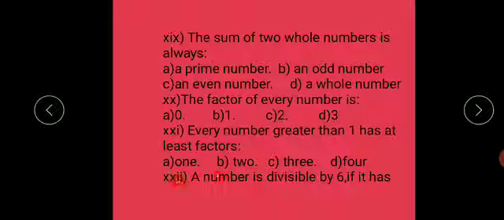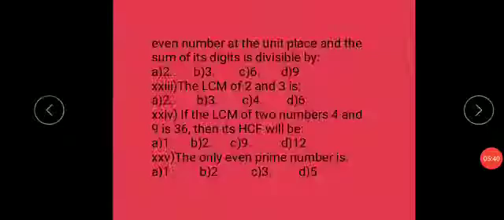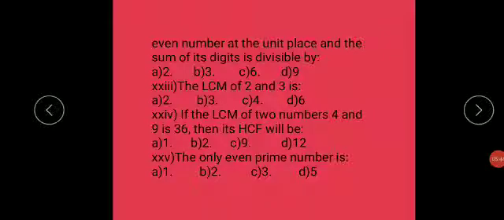22nd part: a number is divisible by 6 if it has an even number at the unit place and the sum of its digits is divisible by 2, 3, 6 or 9. 23rd part: the LCM of 2 and 3 is 2, 3, 4 or 6.